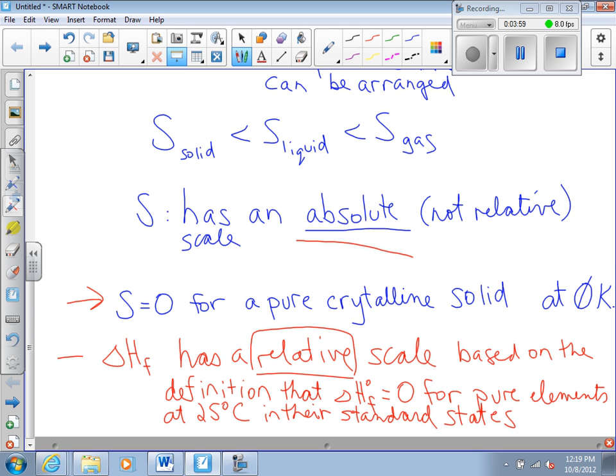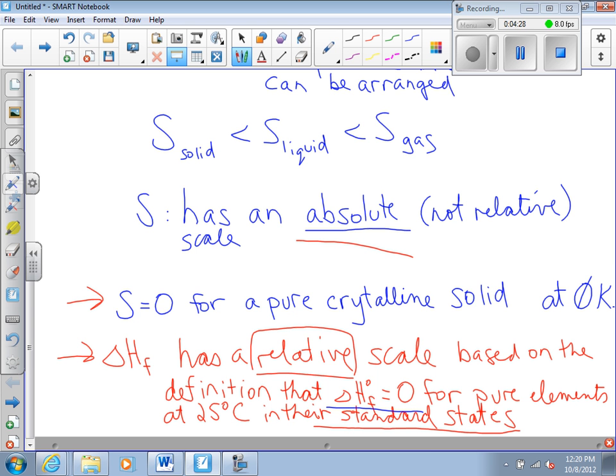For enthalpy, there's no actual 0. We have to define a certain place as 0. So the relative scale that scientists have decided to use is to say that all pure elements at 25 degrees Celsius in their standard states have an enthalpy, delta H_f, equal to 0.